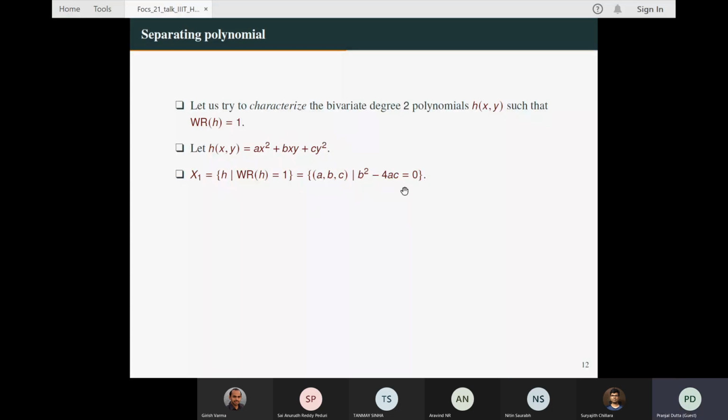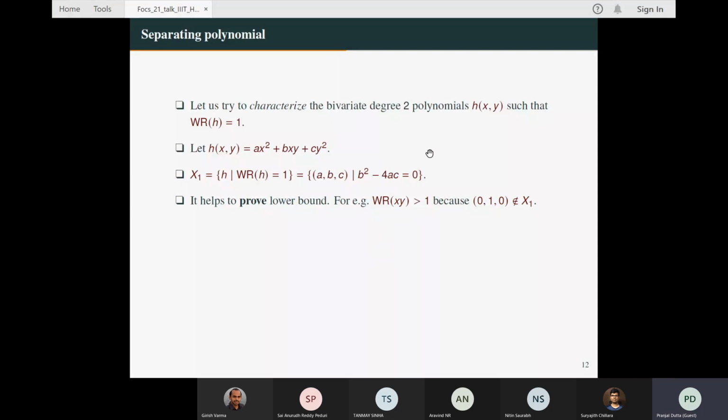Okay, now you may ask why we are even talking about this set. Now I claim that if I understand this coefficient characterization, I can use it to prove a lower bound. For example, I claim that the Waring rank of xy is greater than 1. You can show that xy can never be written as a single square.